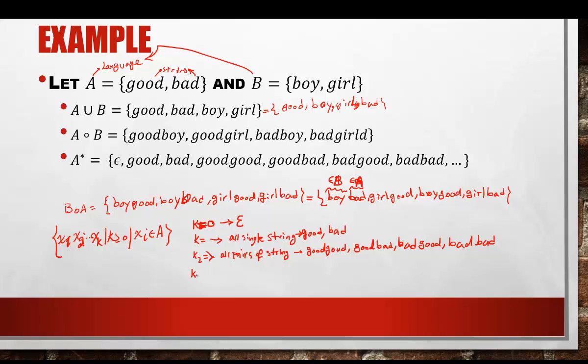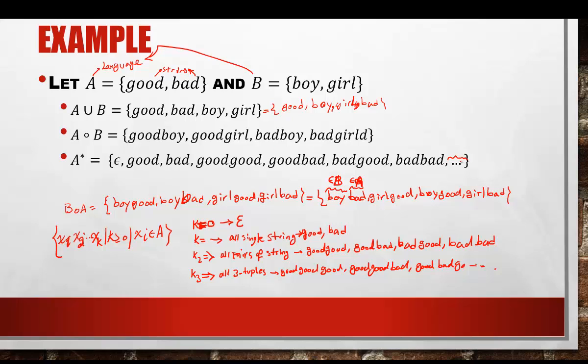When k is 3, that means you've got all 3-tuples. So it could be good, good, good, and then good, good, bad, and then good, bad, good, and on and on. So basically I've got 8 of these. For k equal 4, I've got 16, and so on. But notice there are these dots at the end.